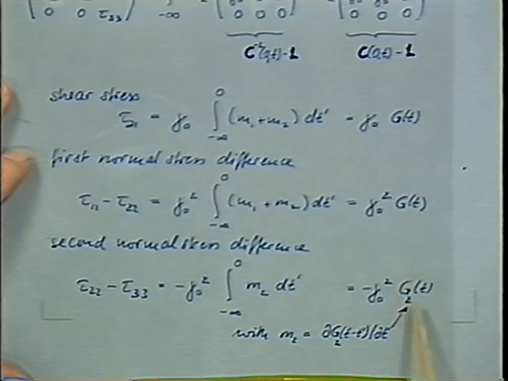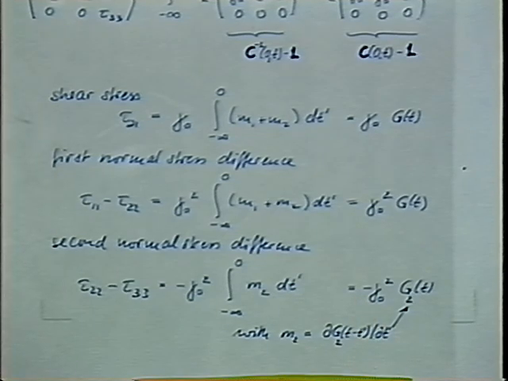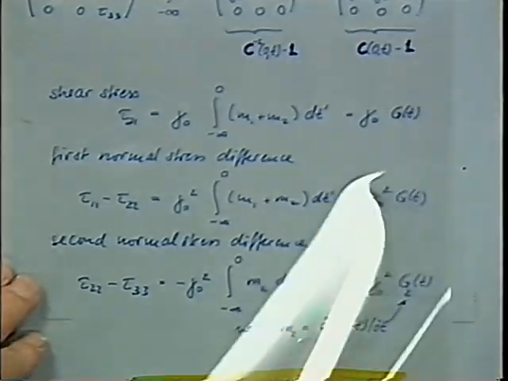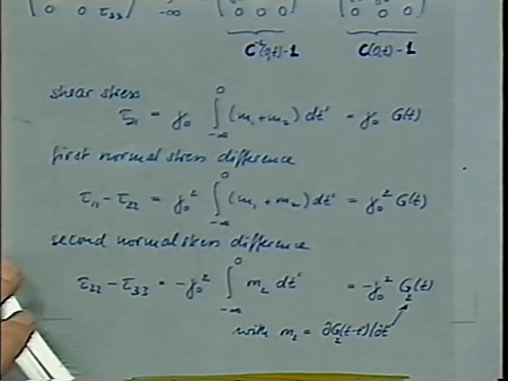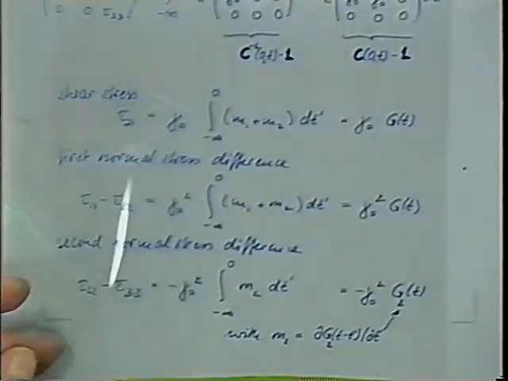This would be not the total modulus, but only the Cauchy contribution. And it has a minus sign here, which is in agreement with experimental observation. It's always negative, this second normal stress difference, in isotropic polymer melts and in polymer solutions. So the sign is okay, but we don't know the contribution there.